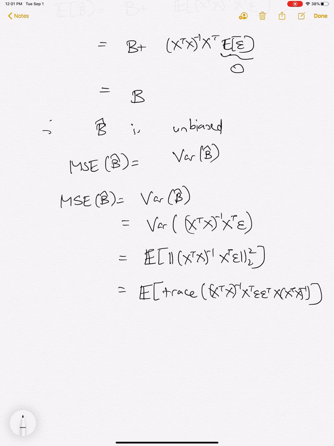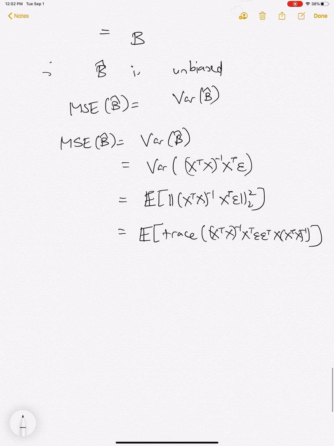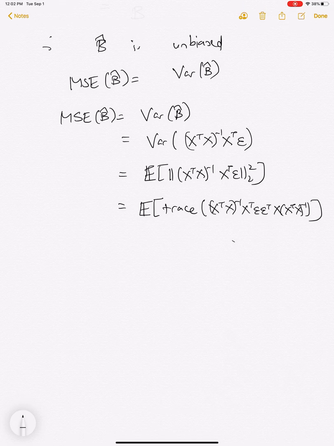So this is a general expression. We've made no assumptions about the noise other than the fact that it's mean 0. It looks a little bit complicated, but we'll see that it looks a lot simpler once we make some nice simplifying assumptions.